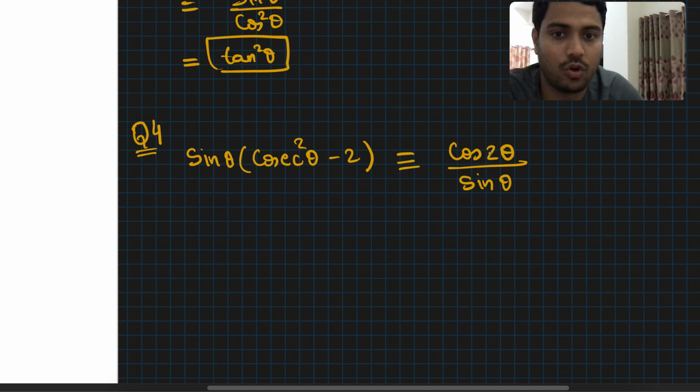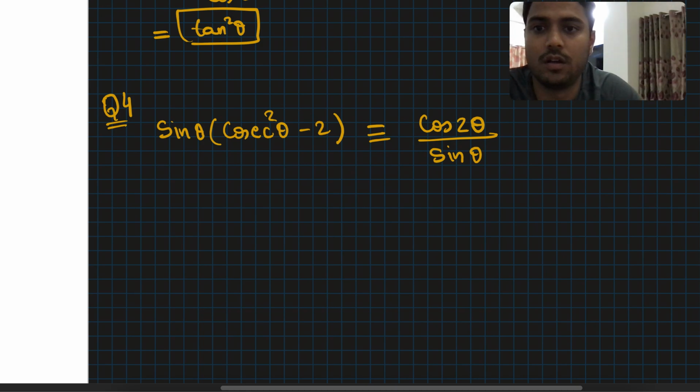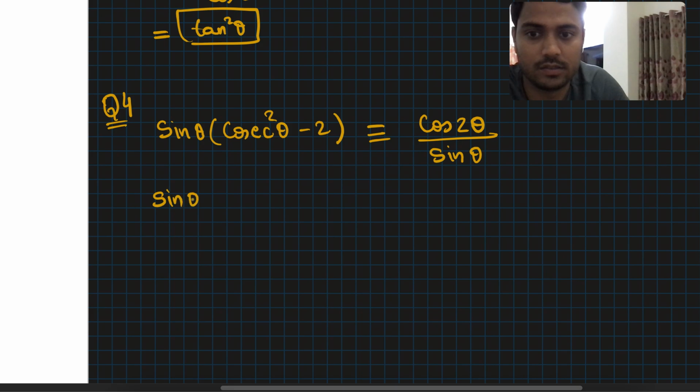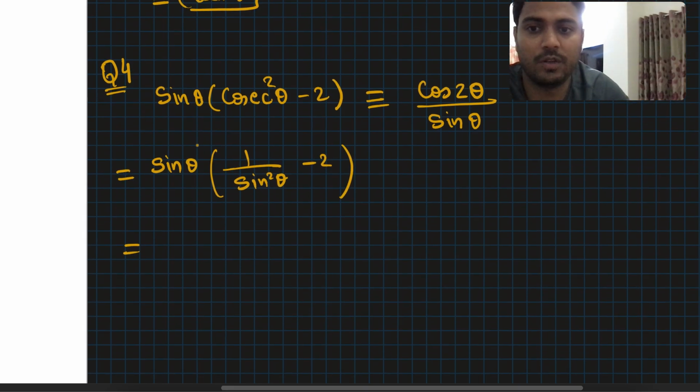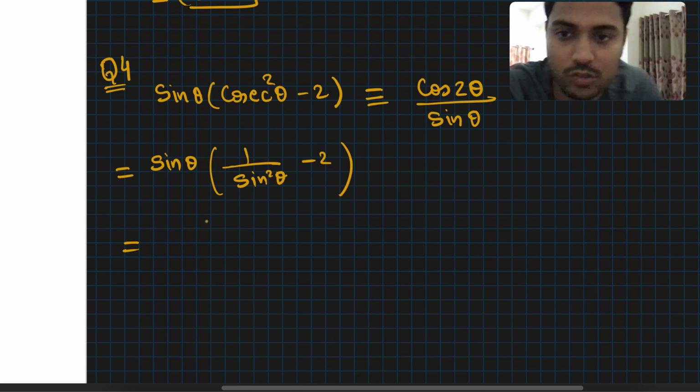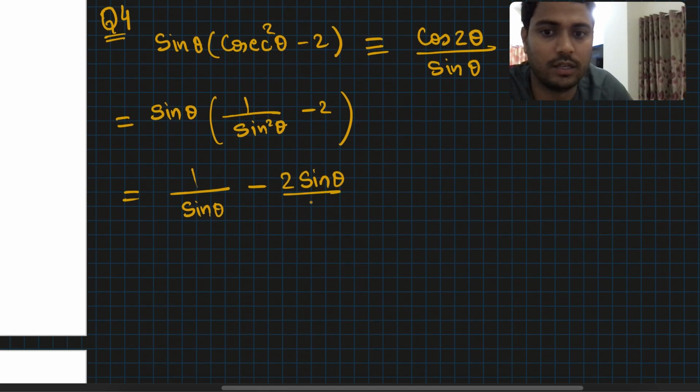How will we get cos 2 theta? Let's check. We have sine theta, so let's write sine theta as it is, and cosec square theta can be written as 1 upon sine square theta, minus 2. What will happen if I multiply sine inside the bracket? It can be written as 1 upon sine theta minus 2 sine theta, divided by 1.